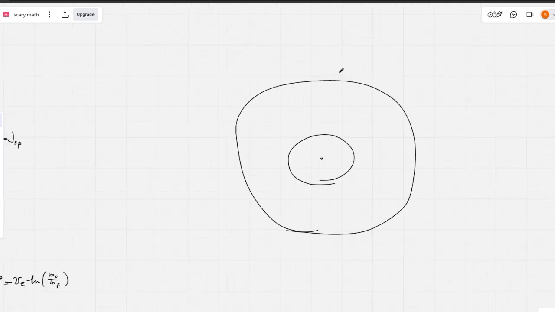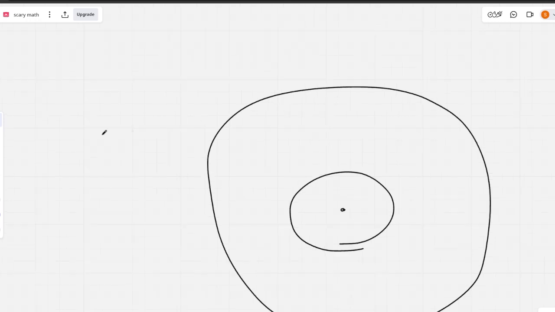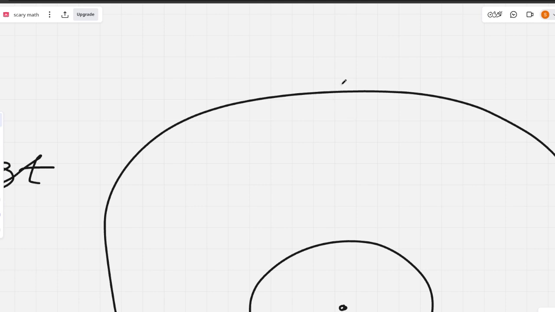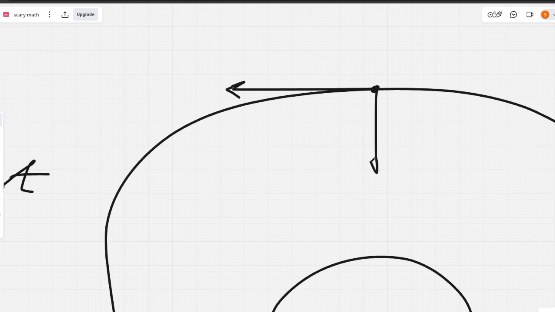Whenever some object has a circular path of motion, that means that the absolute value of velocity is constant, but the velocity vector isn't. And for this to be true, the force has to be applied perpendicular. So here we have velocity, here we have acceleration.